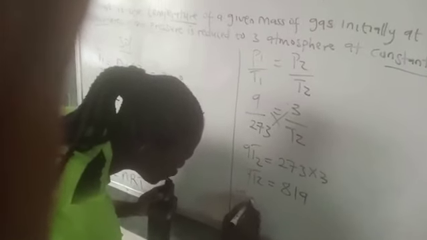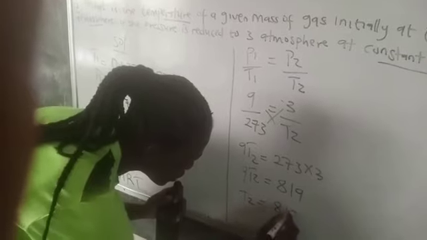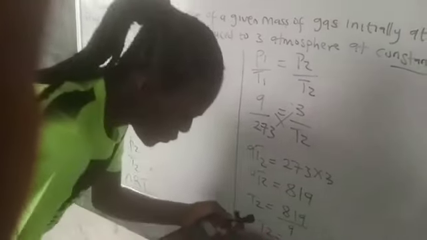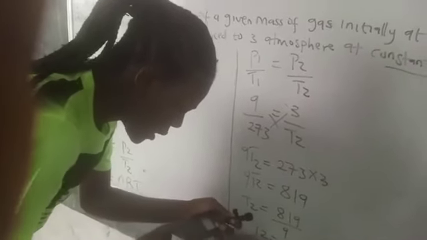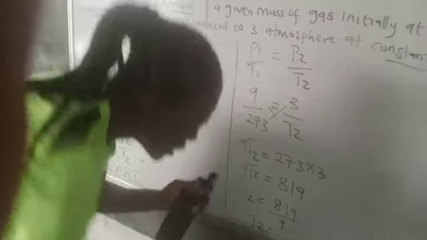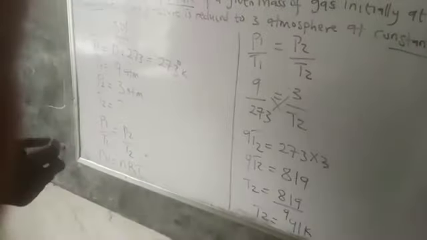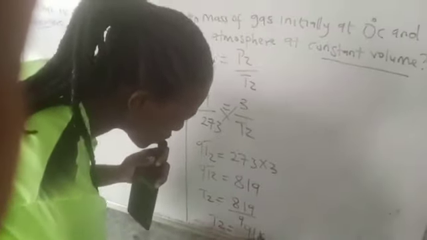T2 is equal to 819 over 9. 819 divided by 9 will give us 91 Kelvin. Although the option is there, the answer is 91 Kelvin. This is our answer.